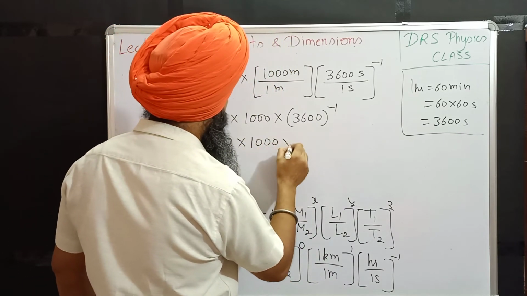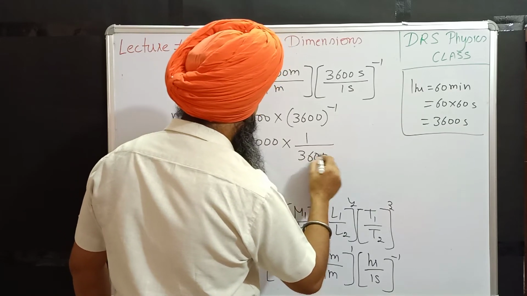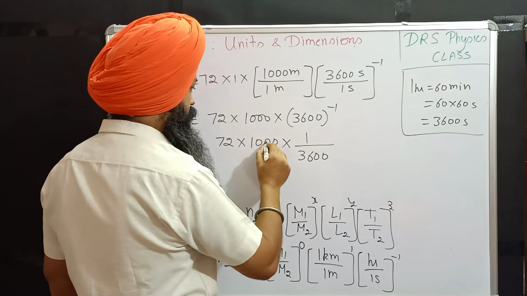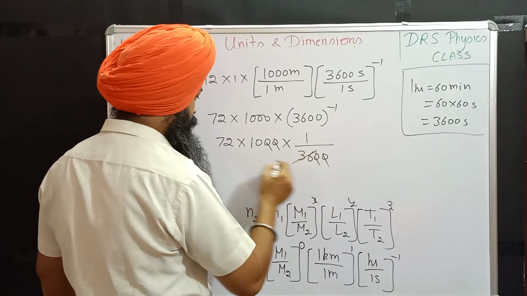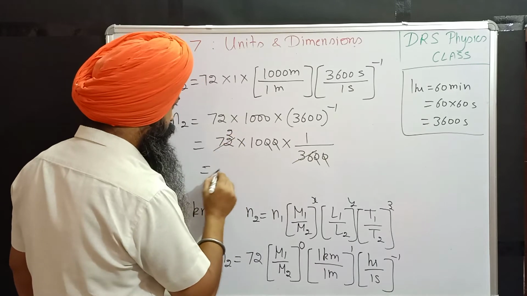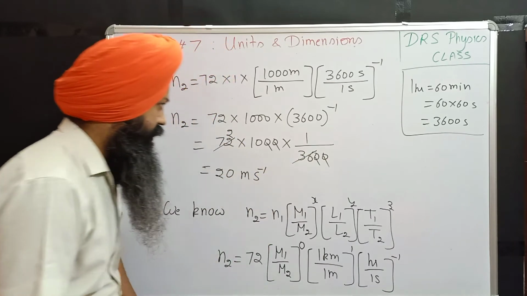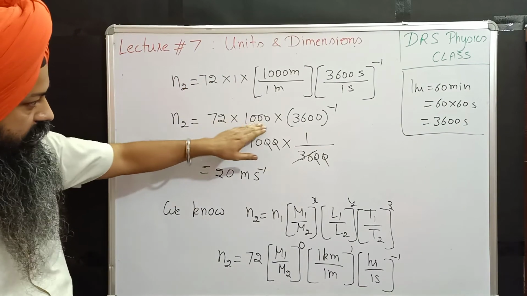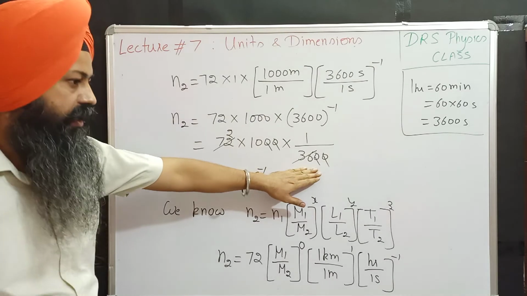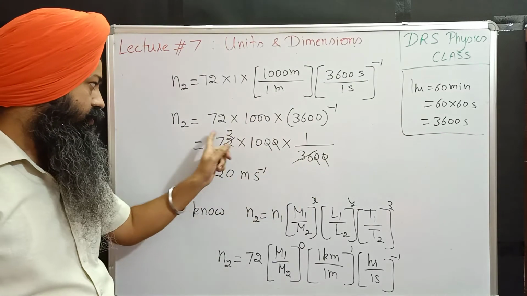1000, it would get reversed. 36 into 2, 72, 20 meter per second. Please check this calculation. 72,000 divided by 3600. So 36 into 2, 72.